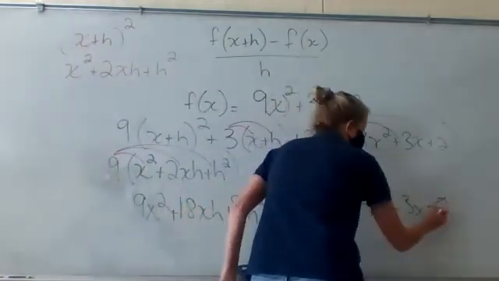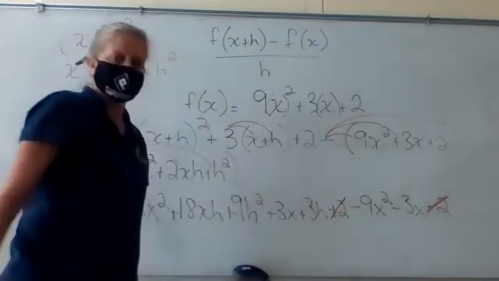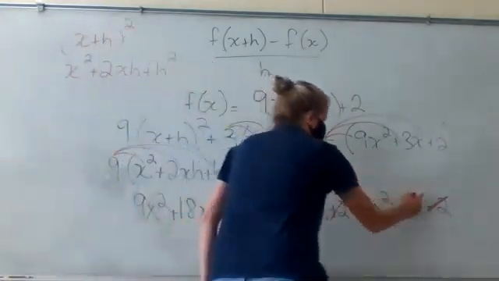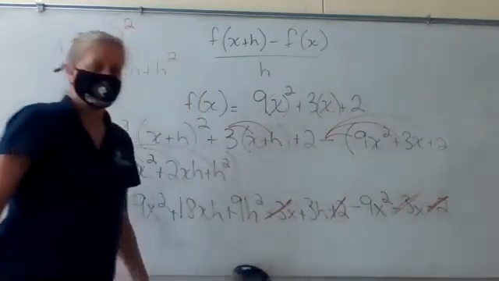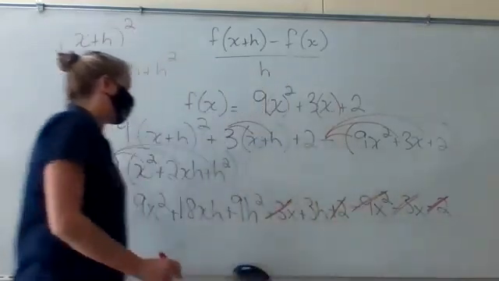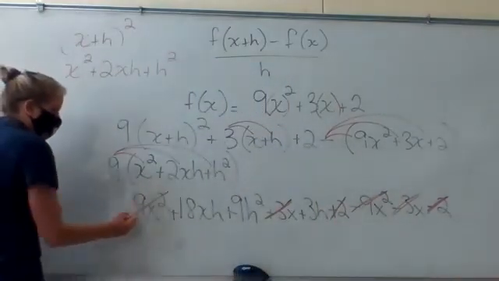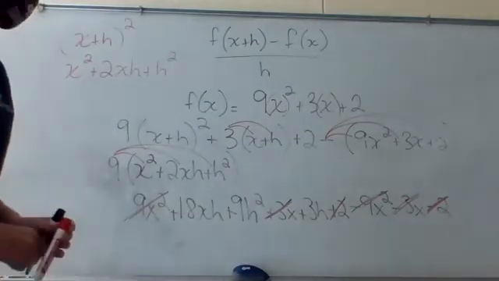So this minus 2 should have a positive 2 to cancel. There it is. This negative 3x should have a positive 3x to cancel. There it is. And this negative 9x squared should have a positive 9x squared to cancel. And there it is.